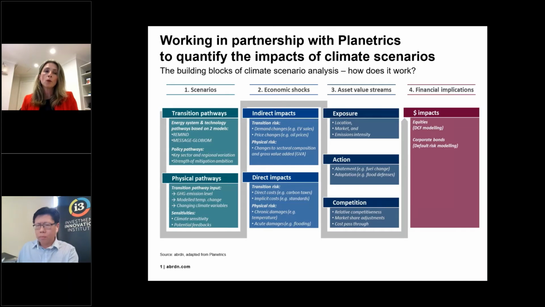And there's actually been modelling done on, for example, synthetic cyclones and the impact that would have on the physical landscape, and then how that impacts at the asset level depending on the location of assets. So obviously if you're in the tropics, then there'll likely be more of an impact.